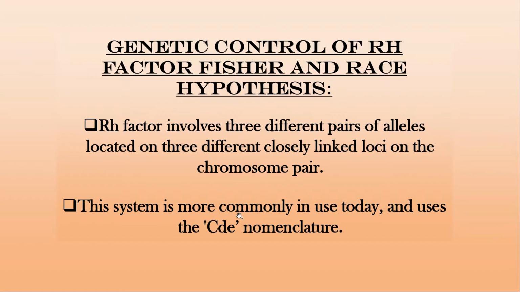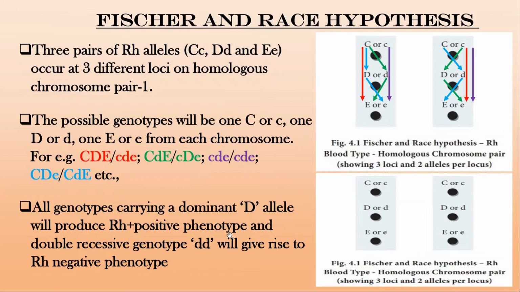And this system is more commonly in use today. And it uses CDE nomenclature. Let us see what CDE is. So here you can see the three pairs of RH alleles: capital C, small c, capital D, small d, capital E and small e in the same chromosome pair. So they can link or join in any way.